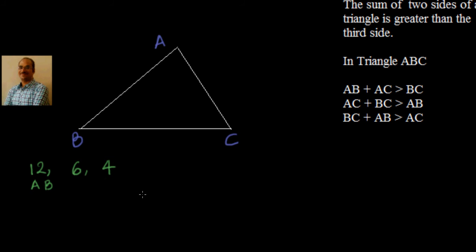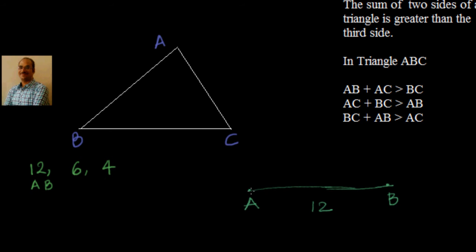So for that, I'll take A and B. This is a straight line, and I say it's equal to AB, and it is 12. Now, how will you draw the triangle?